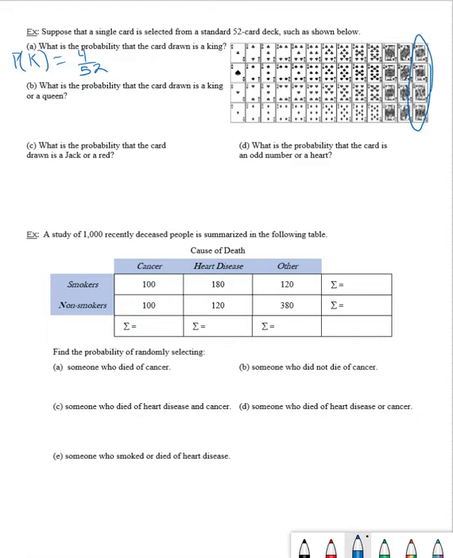So when we take 4 divided by 52, you put that into your calculator, you're going to get an estimated answer of 0.077.